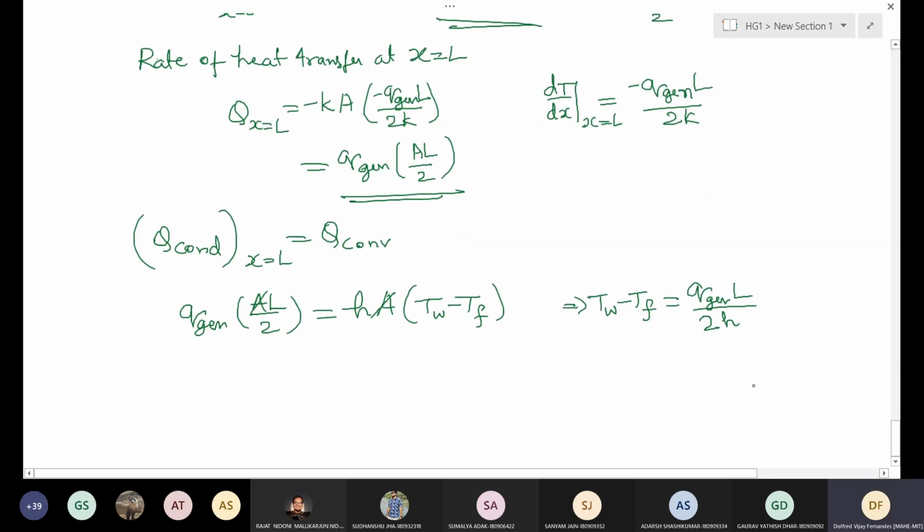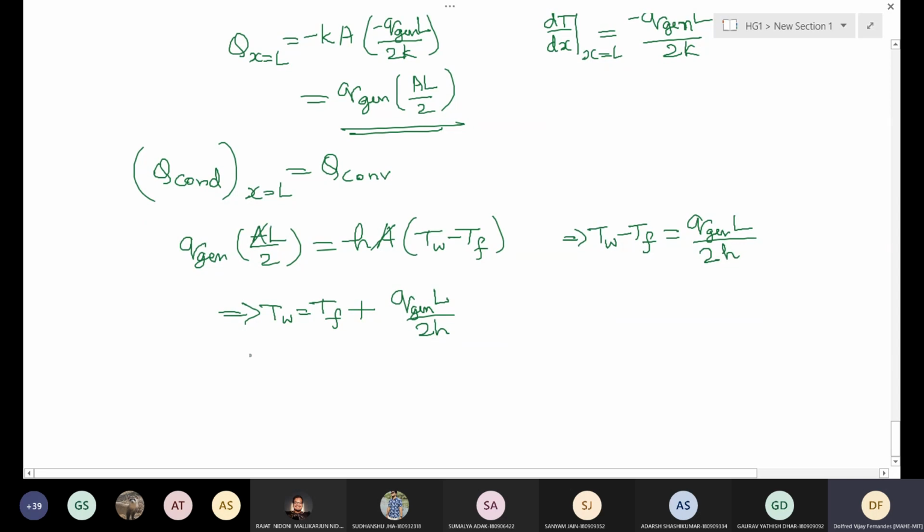Right? So that means T wall is obtained from T fluid plus Q generation into L by 2H. Now can you substitute this into equation 2 and eliminate T wall.